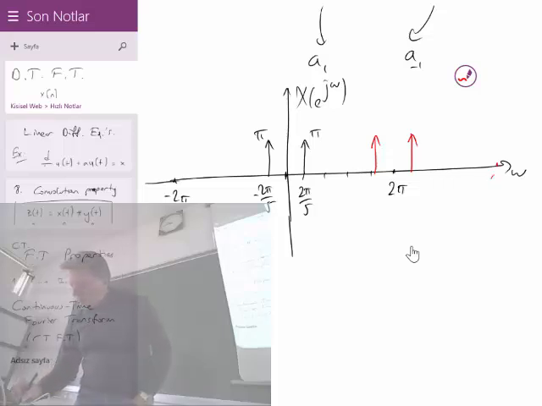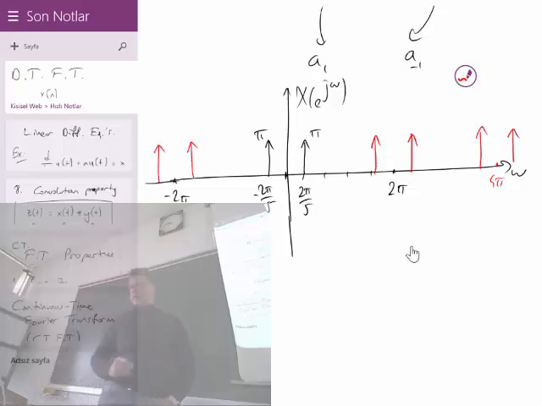If this is 4 pi, for example, I have these impulses as well. Around 2 pi, I have these as well. And they are periodically extended now. Everything is 2 pi periodic. This is the Fourier transform of a cosine. It's not only 2 impulses, it is repeated 2 impulses.